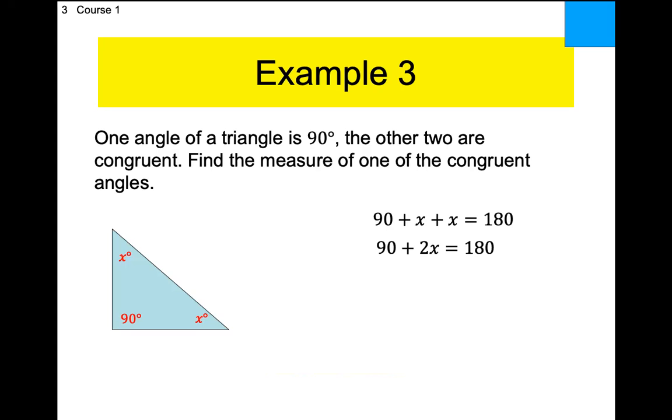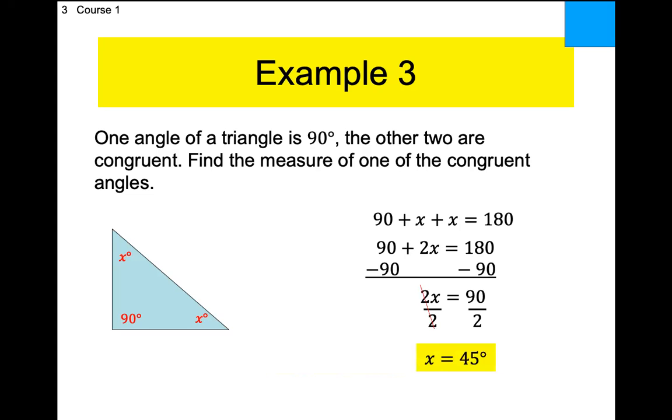All right. Can you solve that now? Yes. First step, you subtract 90 from both sides, and then you would get 2x equals 90. Therefore, x is equal to 45. Because 90 divided by 2, on both sides, is 45. Now, we were solving for an angle measurement, so technically we put a little degree symbol next to it.